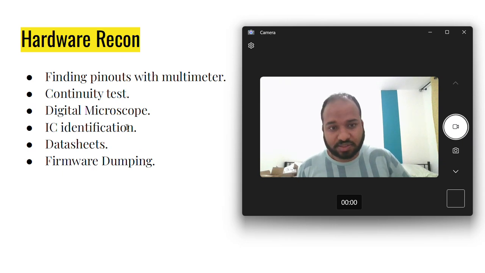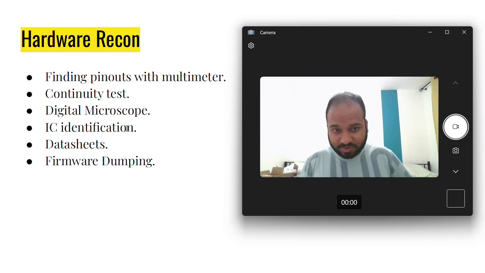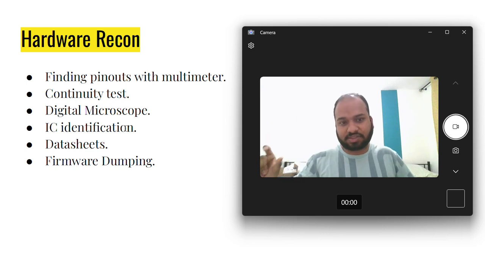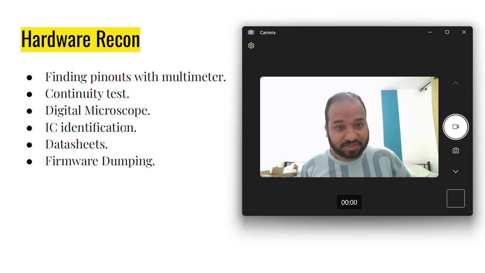Use IC identification: what kind of ICs are actually being used, and know what kind of ICs are there in the market. That's why I was focusing much more on IC identification at the start of the lectures, which you guys might have thought to skip. So get back to those videos and look at those, and data sheets as well.